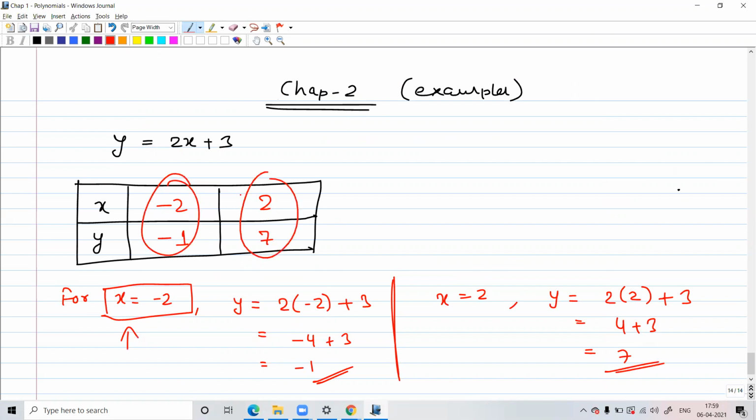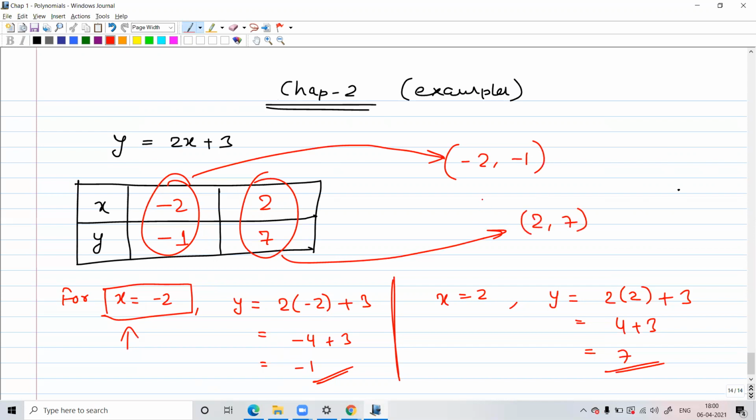Now I have got 2 points. What are the 2 points? First point is -2 comma -1. This is the coordinate of the first point. And the coordinate of the second point is, tell me what is the coordinate of the second point?